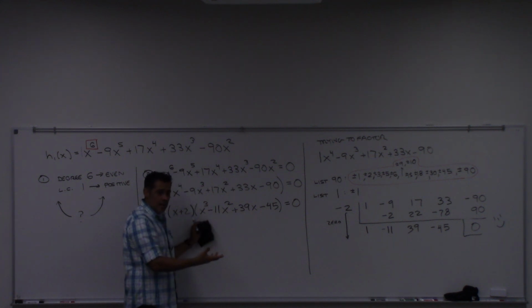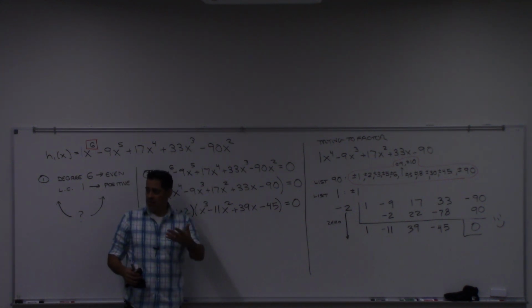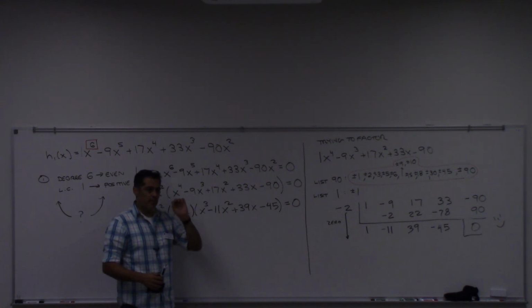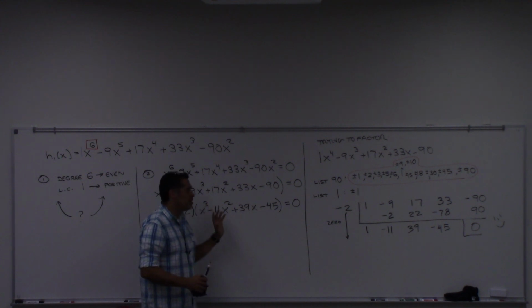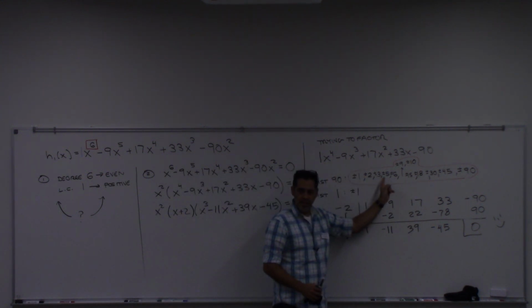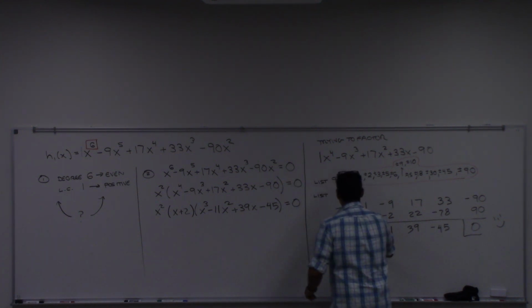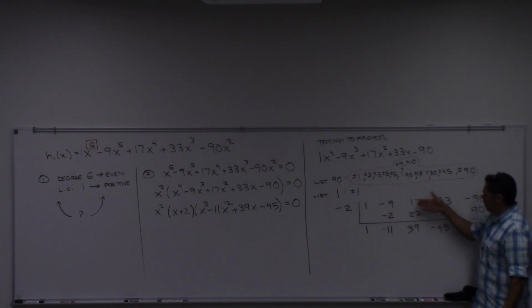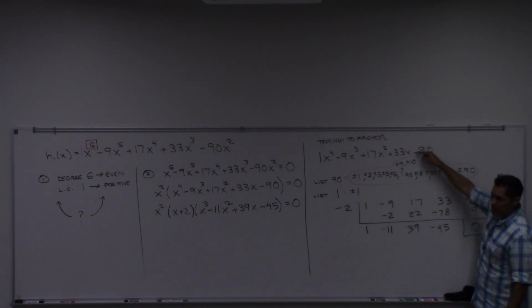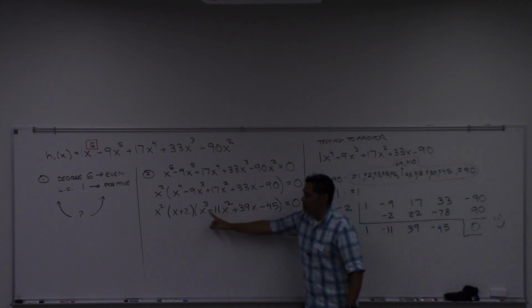So I still have to factor this, don't I? Which means I have to do synthetic division, and I have to create a list, right? However, the beauty of this is that you don't need to make a new list. All you have to do is continue with this list. I already did the first step of synthetic division based on this, and these numbers are actually the coefficients here, aren't they?